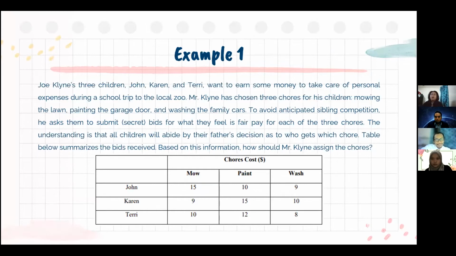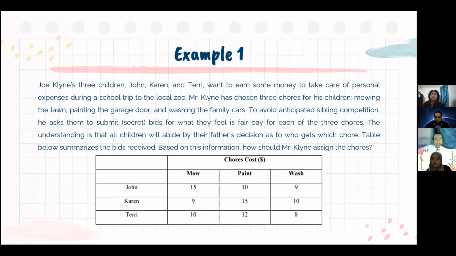Next slide. Okay. So I will explain the problem statement for example one. As you can see, Joy has three children, John, Karen, and Jerry, who want to earn some money to take care of personal expenses during a school trip. So Mr. Klein has to choose three courses for his children. There are three jobs: mowing the lawn, painting the garage door, and washing the family car.